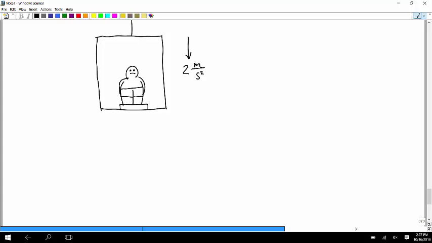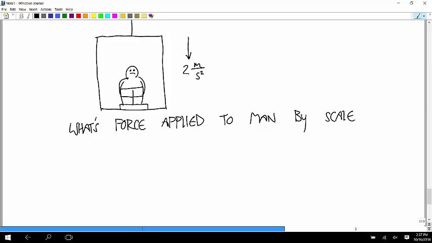But now let's calculate the force that's applied to the feet by the scale. Okay, so let's think through it all again.